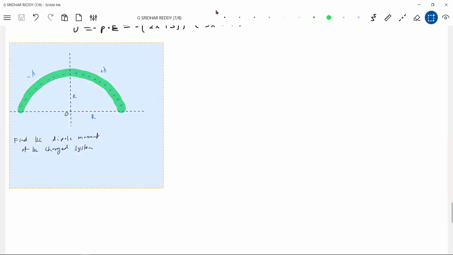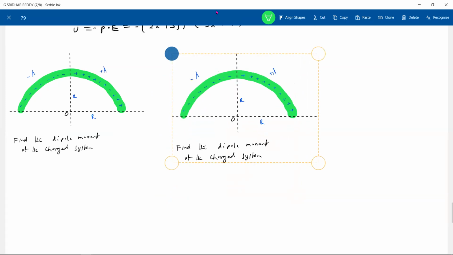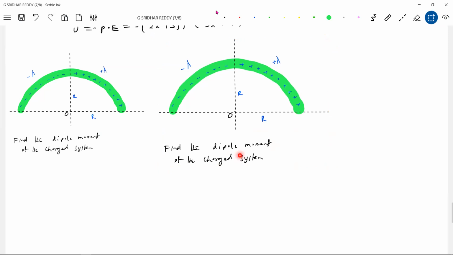Let me take a bigger diagram. Let me erase this part. Slowly I'll change conditions. First we'll go for the basic thing.